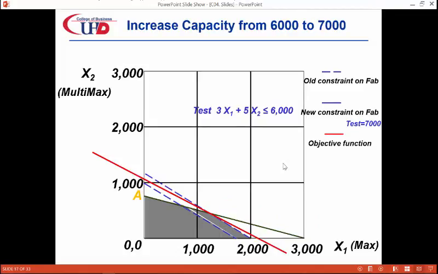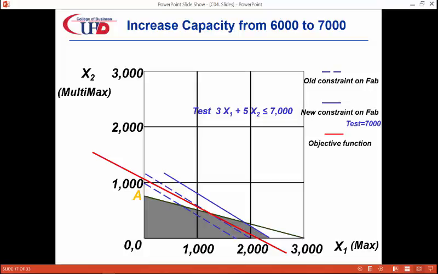Now, let's keep our experiment on the testing capacity. What if we increase it further from 6,000 hours to 7,000 hours? Then we know the blue testing constraint line will shift upward further. It results in an even bigger feasible region.